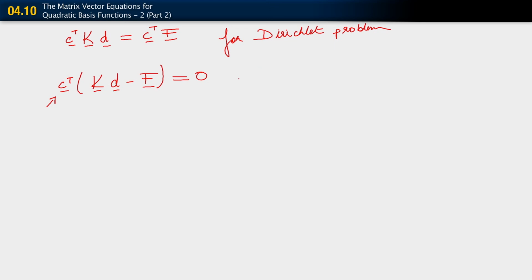Right, we can say that this equation must hold for all C belonging to R 2NEL. This would be for the Dirichlet-Neumann problem.